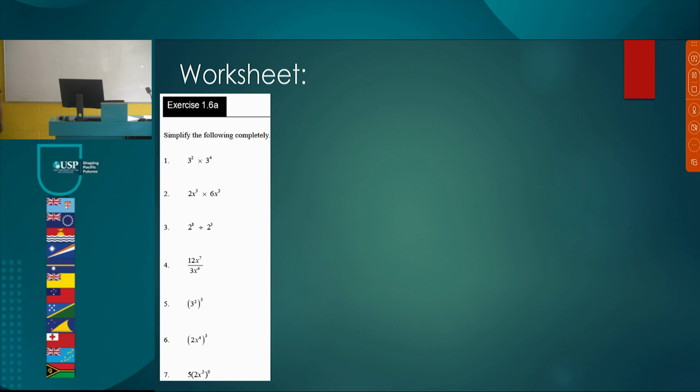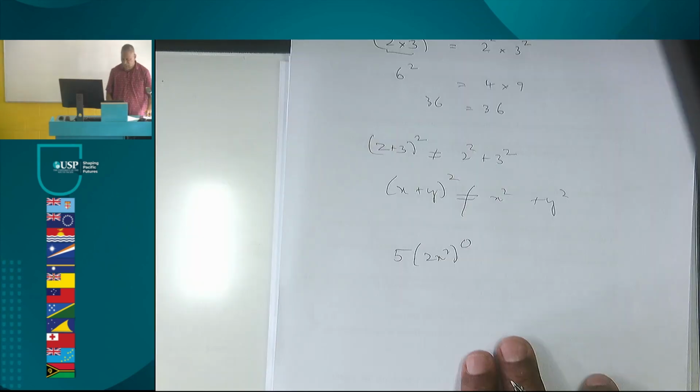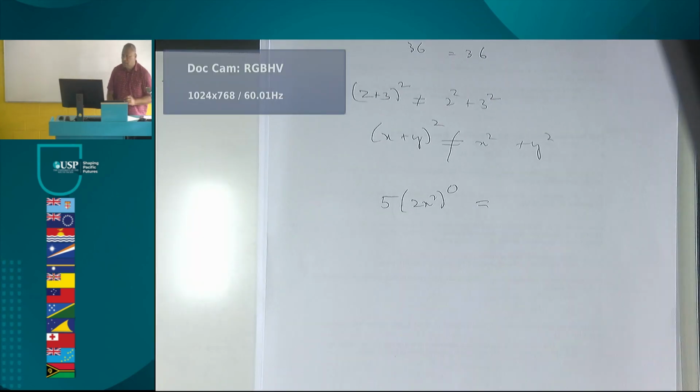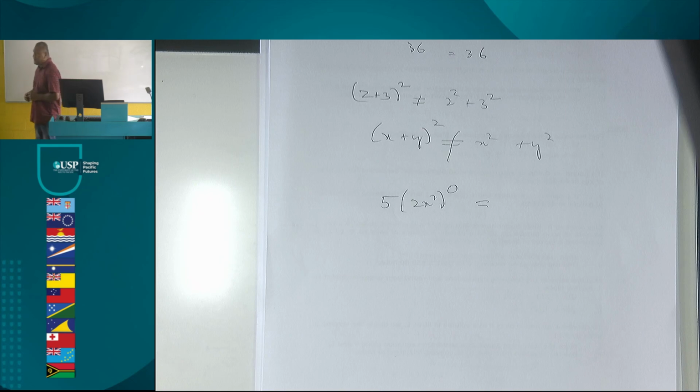Question 7. What answer do we get? 1. Agree? Okay, well, hold on. 5 times 2x squared, everything to the power 0.